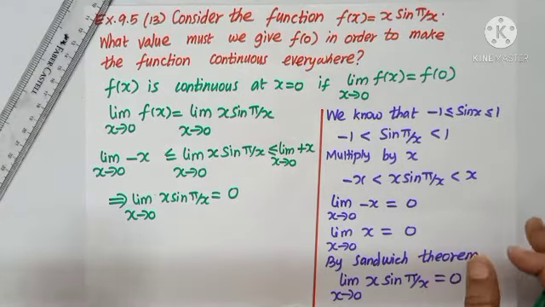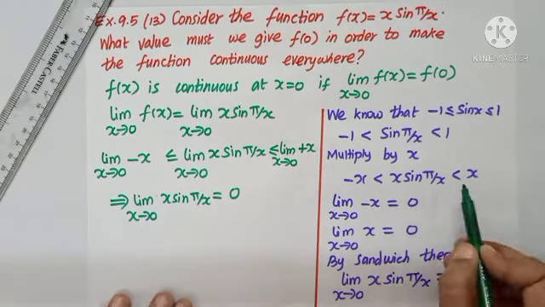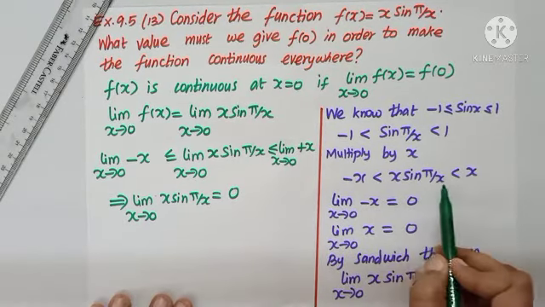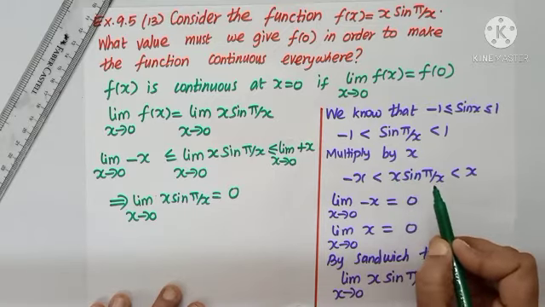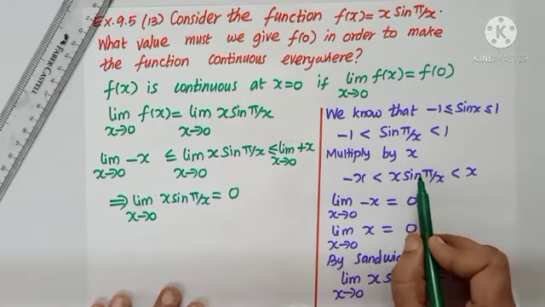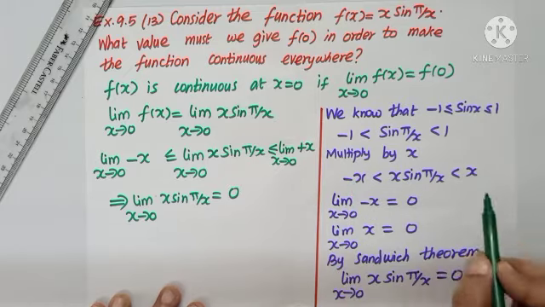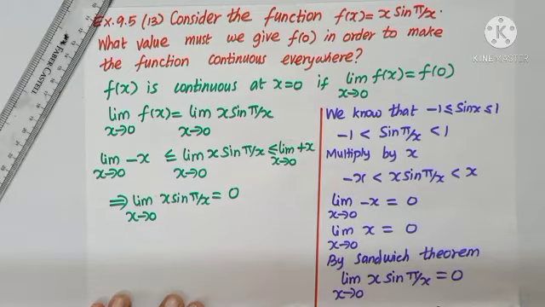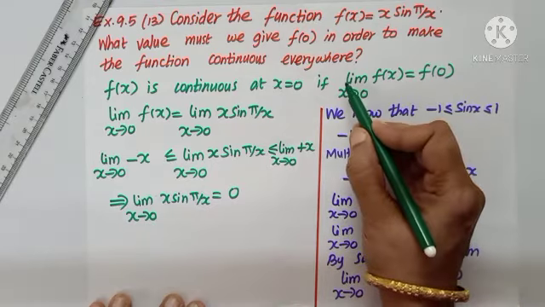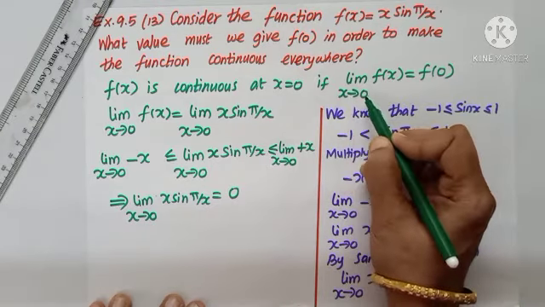As we know, whenever I have an inequality, they represent 3 different curves. This curve, x into sine pi by x, is in between minus x and plus x. So, I can very well apply the sandwich theorem. My question is f of 0. That is, I need to find out the limit x tends to 0.